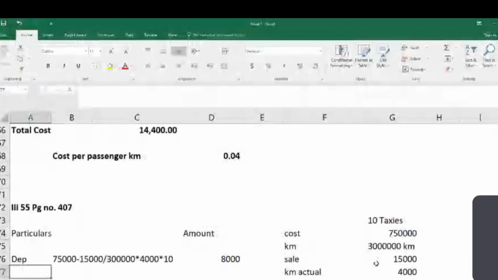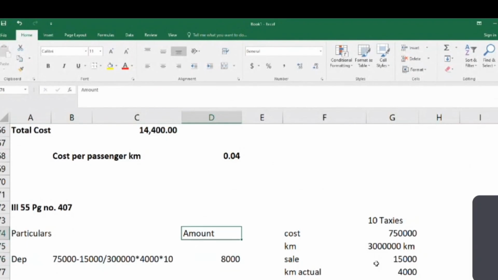Salary, so this is your per month cost for 10 taxis.